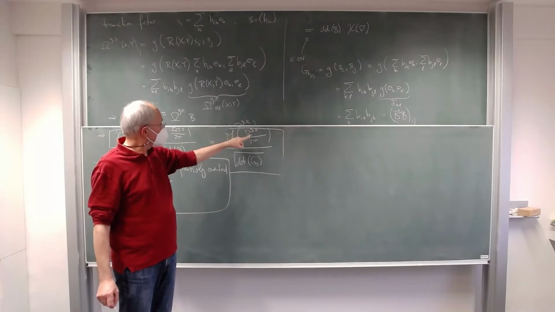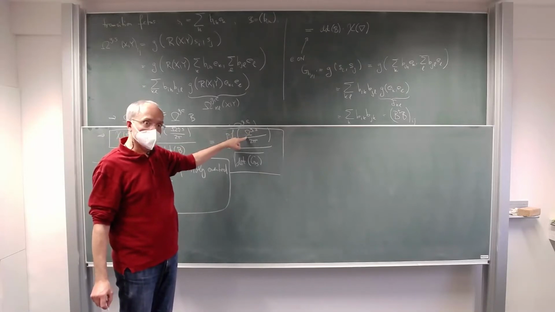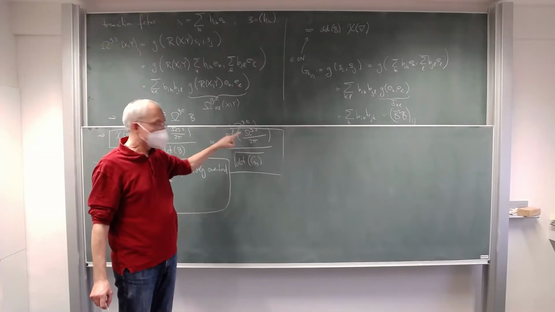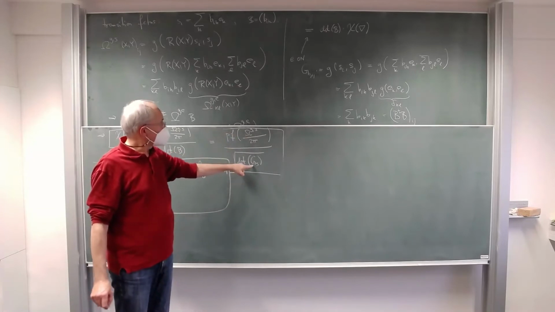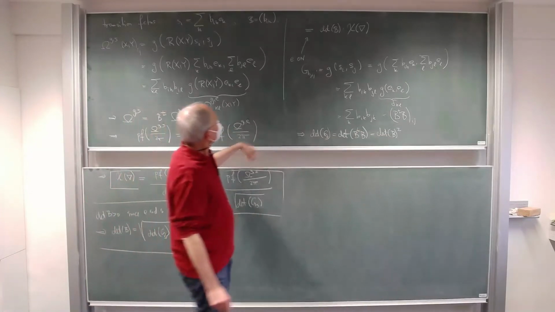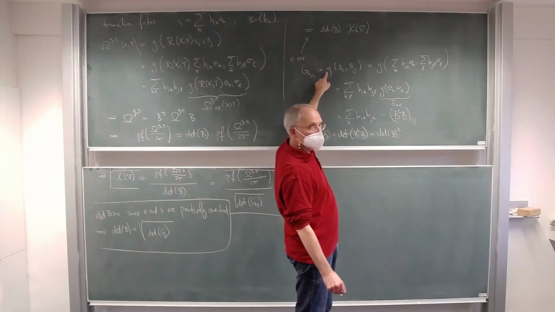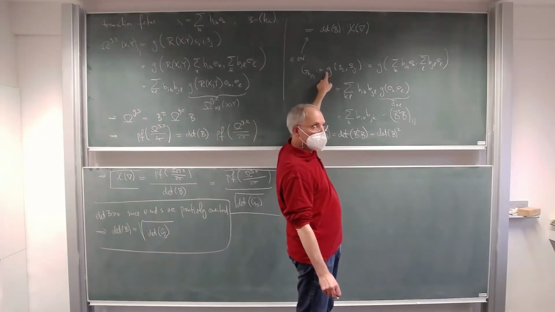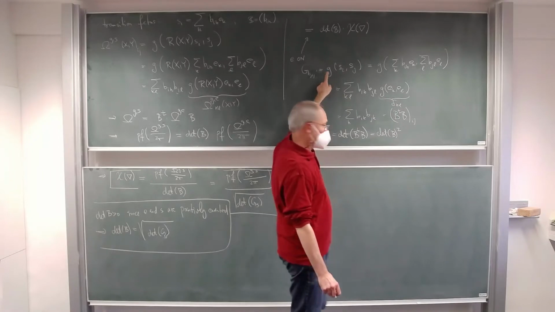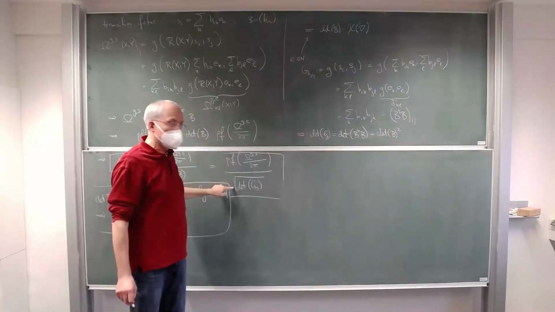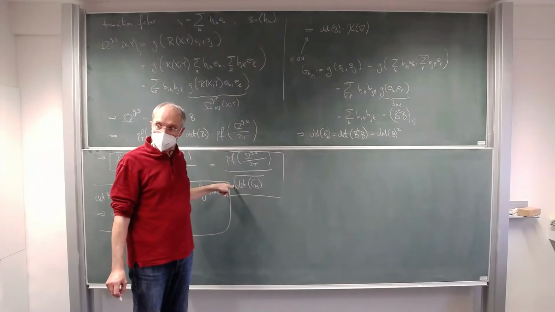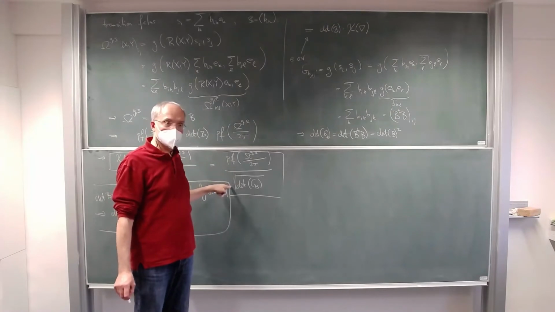And which power is it? Well, it's half the size of the matrix, because this is how the Pfaffian scales. And here, same thing. You have this guy, which also scales with an alpha. But the power is now the full size of the matrix for the determinant. But then you have a square root, so again you only have half the size of the matrix, and so the two things cancel.